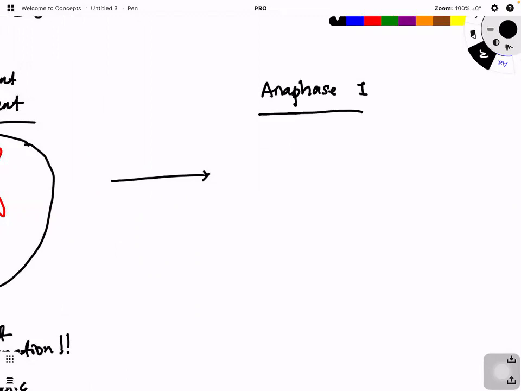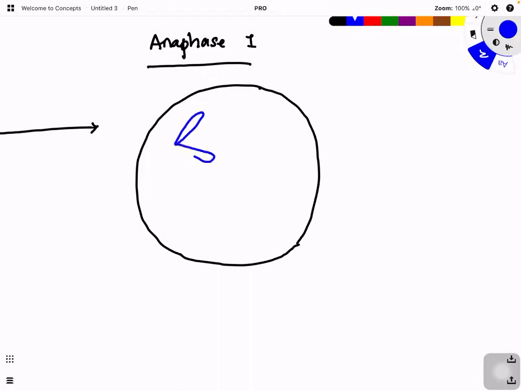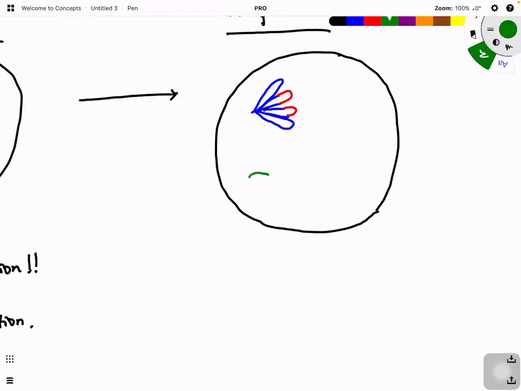So in anaphase 1, what you expect to see, because of the shortening of the spindle microtubules. Now you can see that I use the first option: a blue color chromosome with a little bit of red, and then a green color chromosome with a little bit of orange.